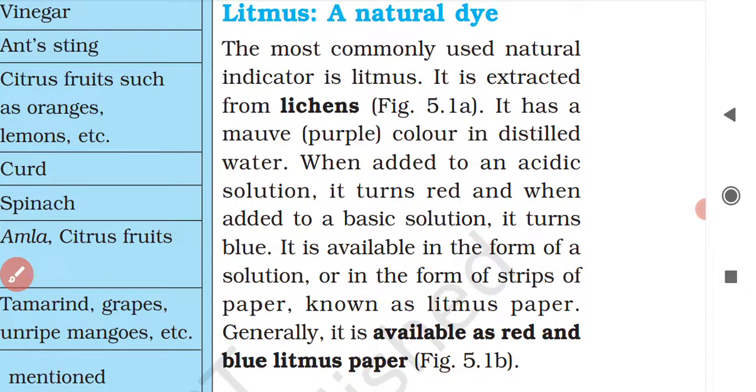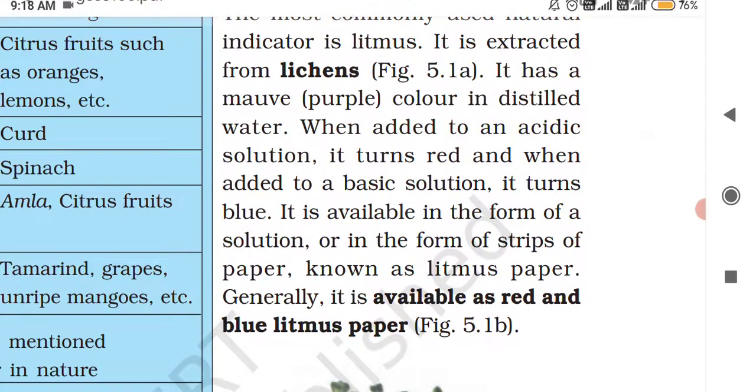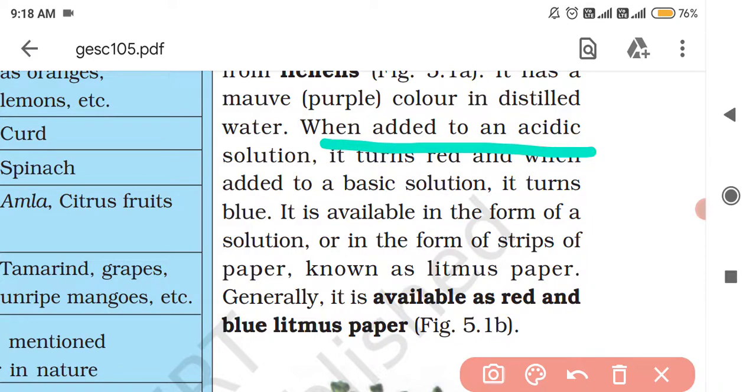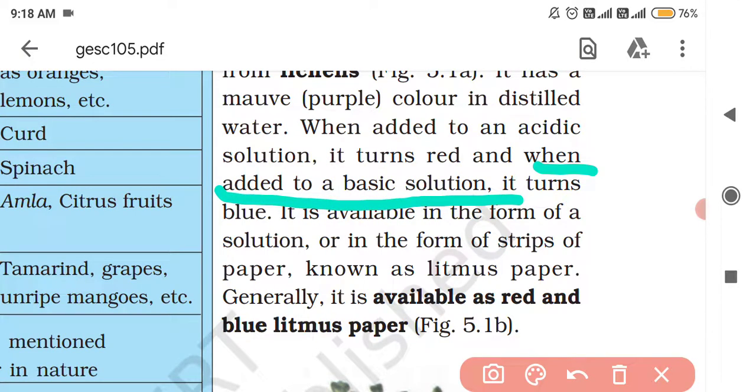When litmus is added to an acidic solution, it turns red, and when litmus is added to a basic solution, it turns blue.